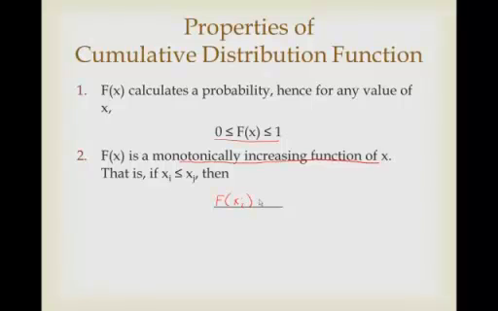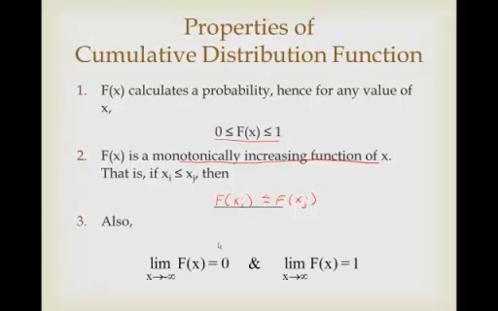So the cumulative distribution function evaluated at x sub i is going to be less than when evaluated at x sub j. And moreover, the limit of the cumulative distribution function as x goes towards minus infinity has got to be 0, and at the other end, it's got to end up being 1.